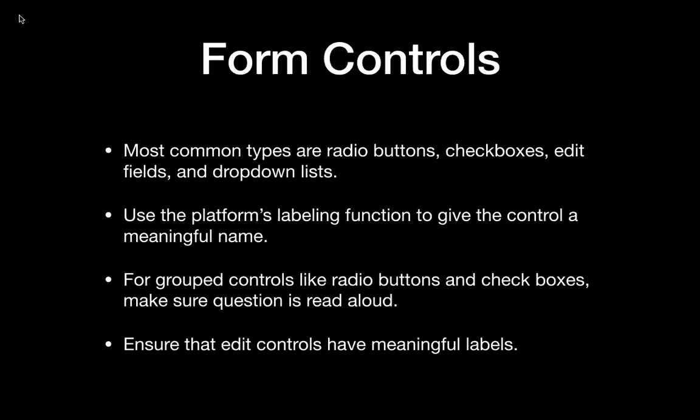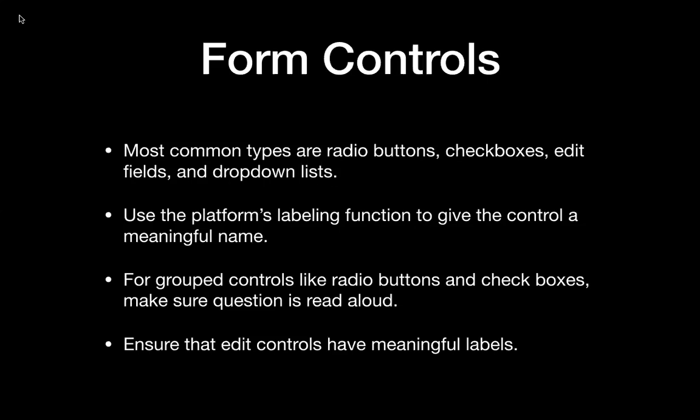This is not only the name of the control that's used when you program the form, but there are also ways to give the control a meaningful name that displays on the screen. And this will be helpful when the screen reader user is trying to access it.